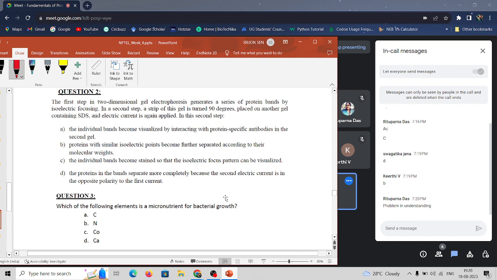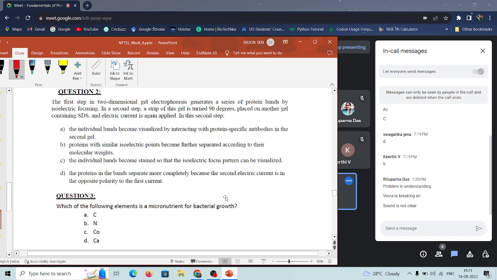Now, when you place it in an SDS-PAGE, you are separating a protein on the basis of its size or its molecular weight, right? In an SDS-PAGE, the proteins run towards the positive electrode because your proteins are negatively charged when treated with an anionic detergent.